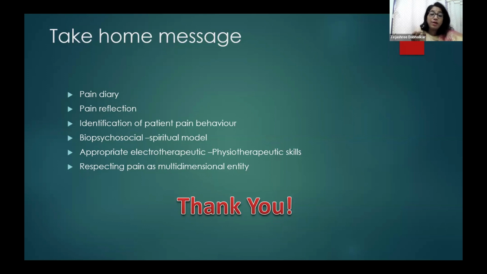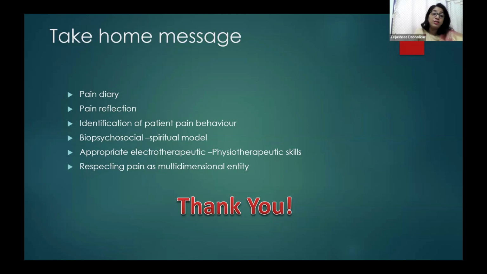Identification of patient pain behavior as soon as they come to your OPD. It may not be in the first visit, but definitely upper quadrant patients come for a long time, and we know that a minimum of 5 sittings are required for these patients. So identification becomes much easier. Use the biopsychosocial spiritual model, using appropriate electrotherapeutic and physiotherapeutic skills.